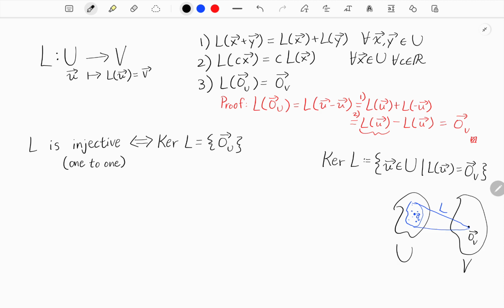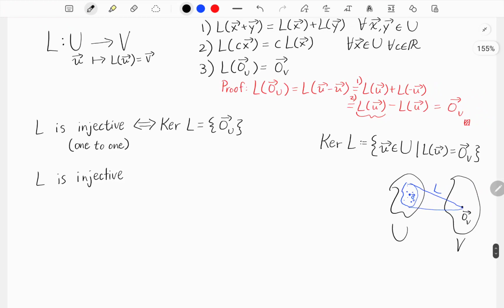Okay, so that's injectivity. So in general, L is injective. You can say it's more like a definition. L is injective if and only if, when I have L of u1 equal to L of u2, then u1 is equal to u2. So if the outputs are the same, then the inputs have to be the same.